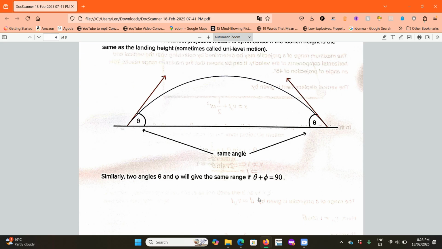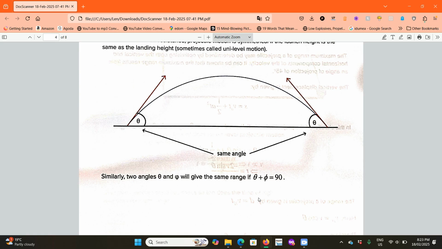Say this is 40, this is 50 degrees. Okay. Well, my terrible diagram because I can't draw.